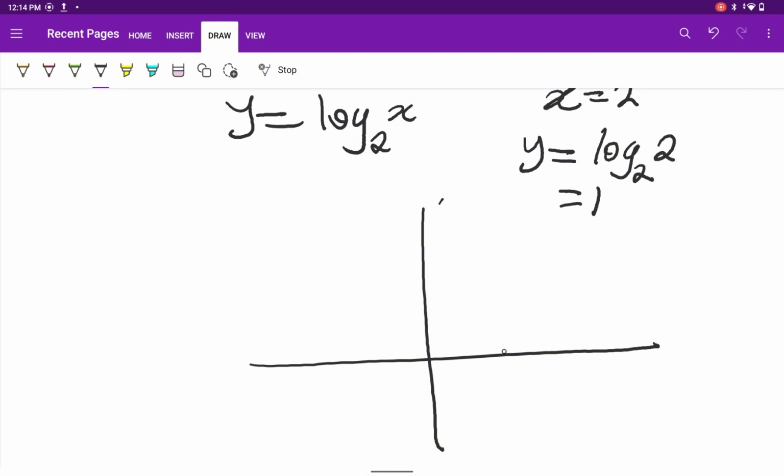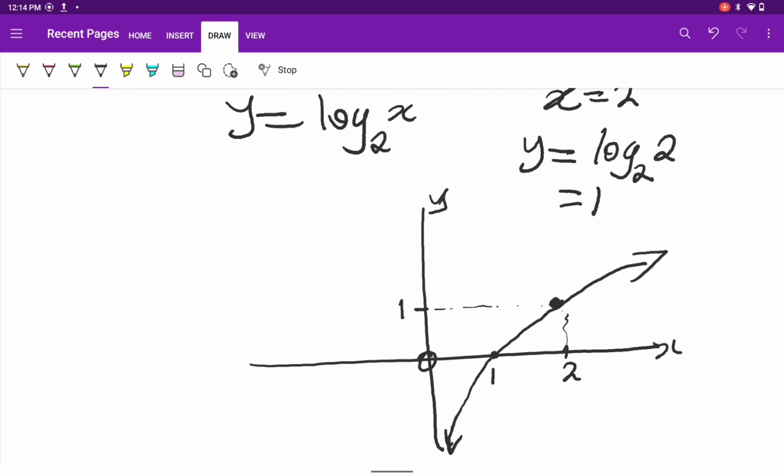The graph cuts the x-axis at 1, and then the next point is where x is 2 and y is 1. So this is our point, and then it cuts here and passes there, so we can join this and we have our function like that. Remember this is the asymptote, so it will just come closer and closer. So this is how we sketch the graph of a log function.